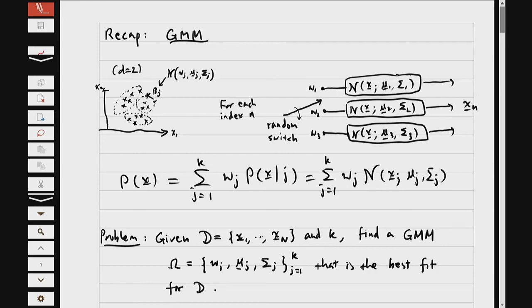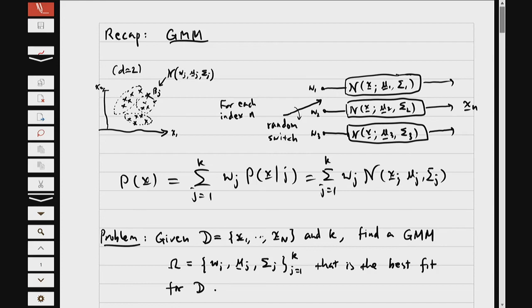This density function now becomes a weighted sum of the conditional densities. Yeah, each one of the conditional densities would be the Gaussian bumps, and then Wj is the probability of picking that particular Gaussian bump. So this is the Gaussian mixture model for data generation.